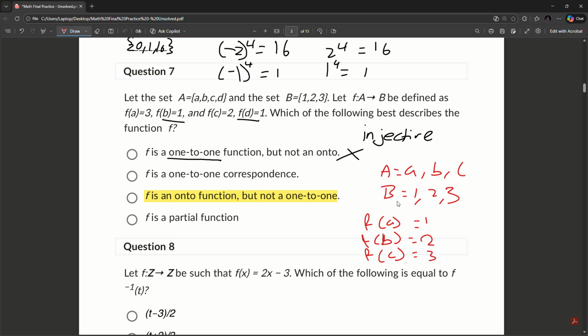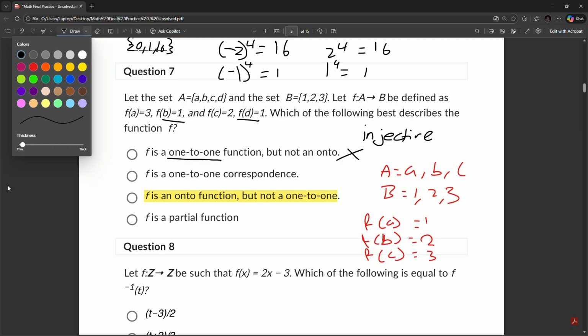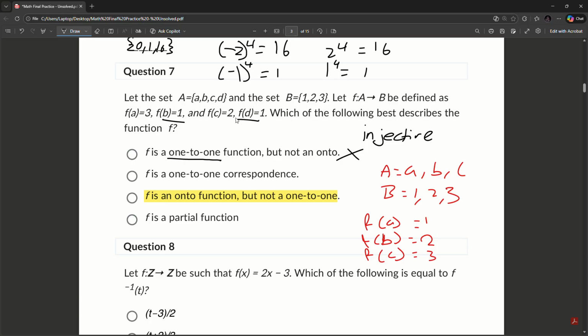And then a surjective, which is an onto, means that every value is used at least once. But since f(A), f(B), and f(D) have a duplicate, this is not an injective because it's been duplicated. So it's a surjective, right?